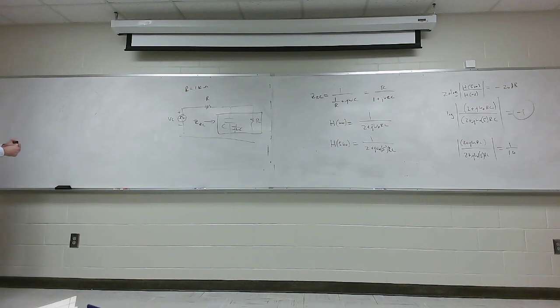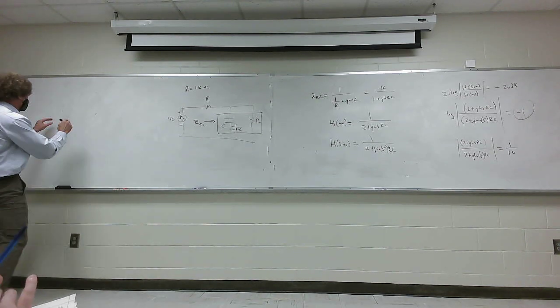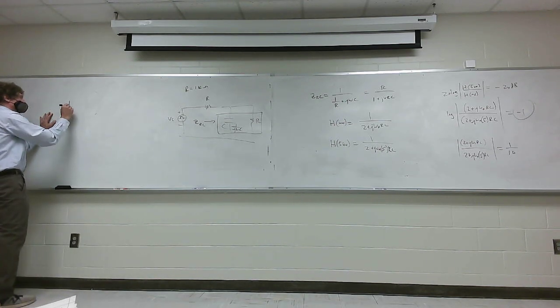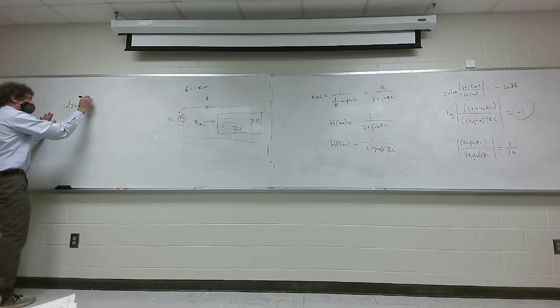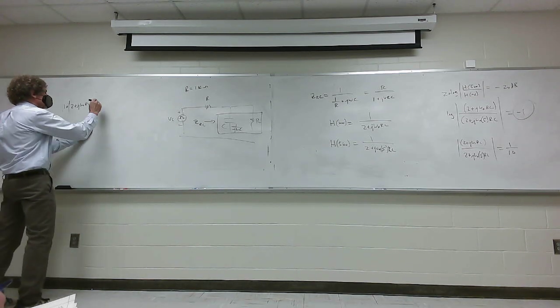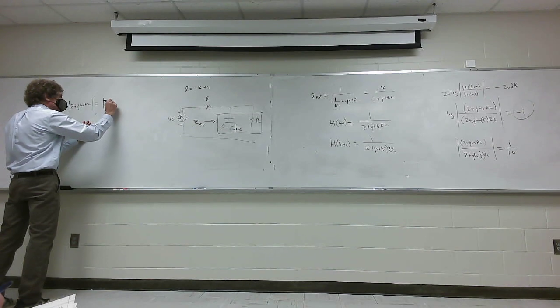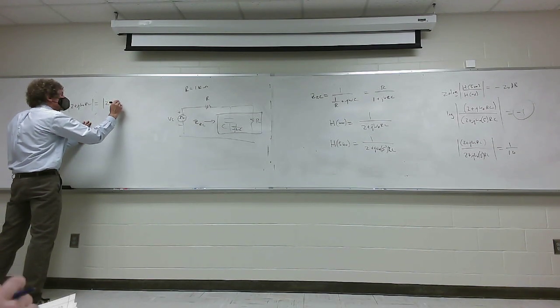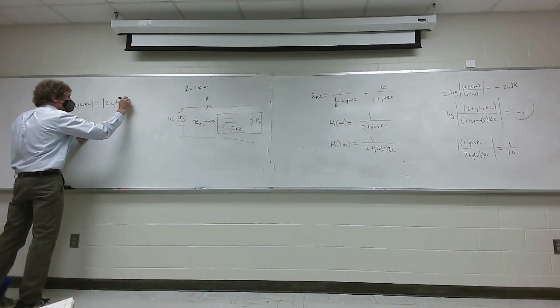So we have 10 times magnitude of 2 plus j omega naught r times c is equal to the magnitude of 2 plus j omega naught times 5 times r times c.